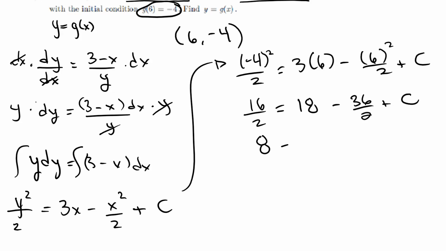So I've got 8 equals 18 minus 36 divided by 2, which is also 18, right? Yeah. These cancel. C is 8. So let's go ahead and substitute in C.